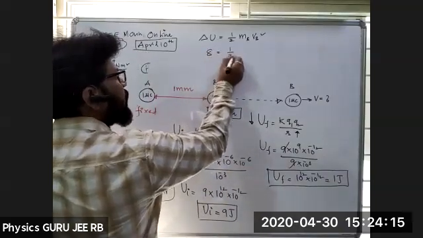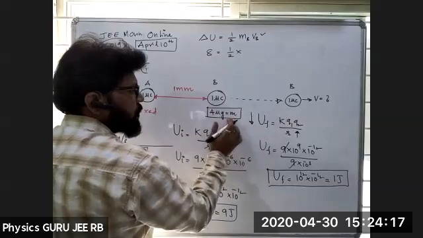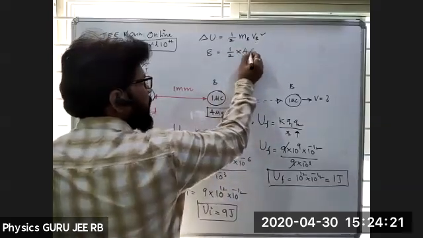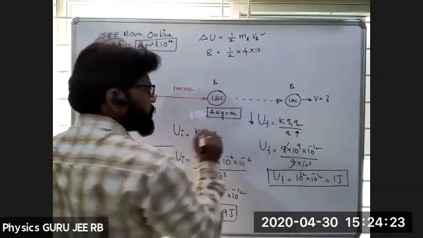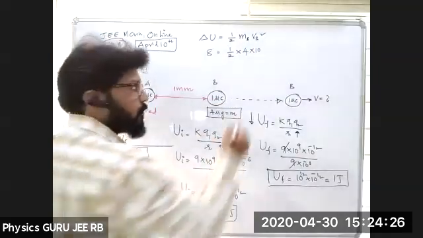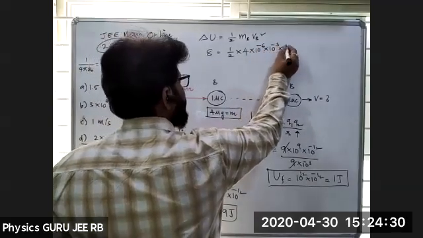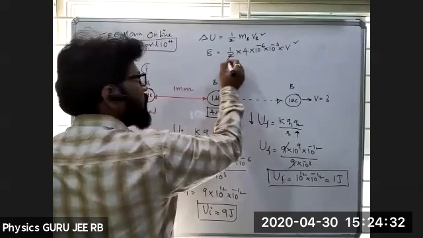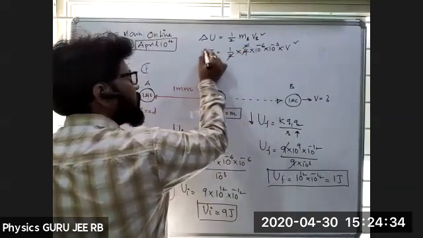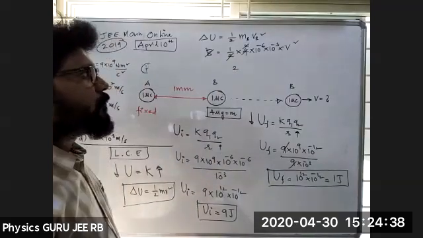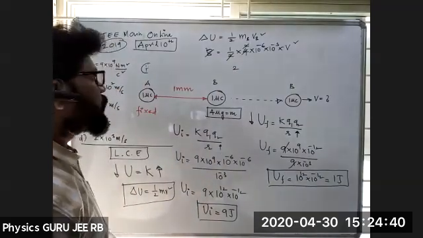8 is equal to half into the mass of the charged particle, which is 4 micrograms, so 4 into 10 to the power of minus 6 grams, 10 to the power of minus 3 into V_B square. These ones are twos, so 2, right? Fine.